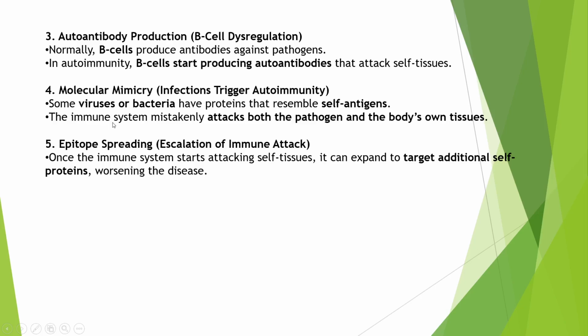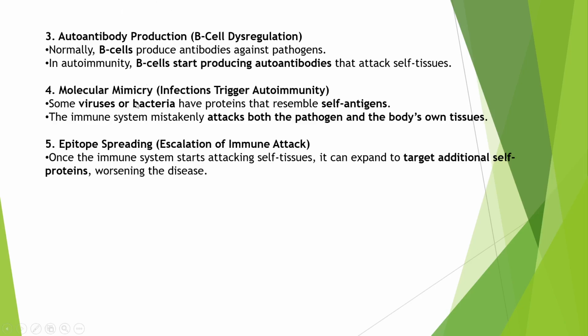Then next is molecular mimicry. Infections trigger autoimmunity, like we discussed, the virus, bacteria. Since the antigens or the peptides are similar to the self antigens or self peptides, it is termed molecular mimicry, because they mimic the self peptides.